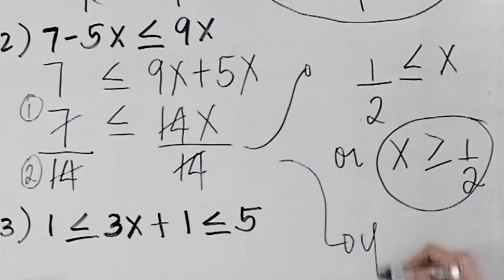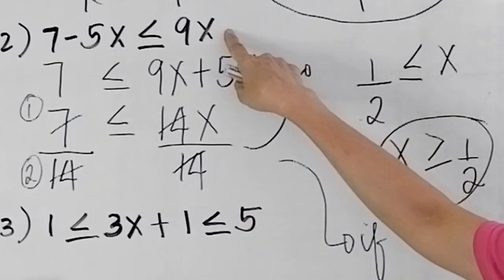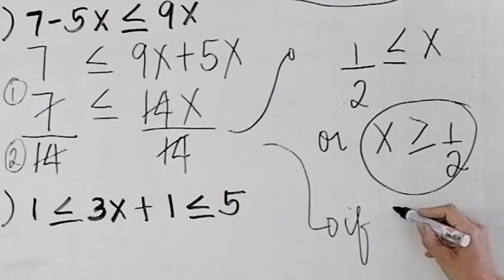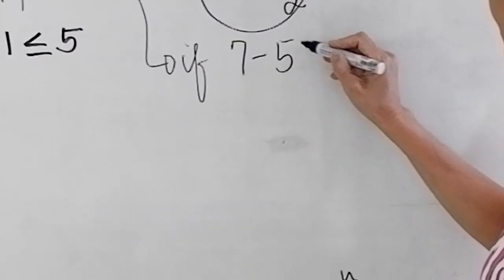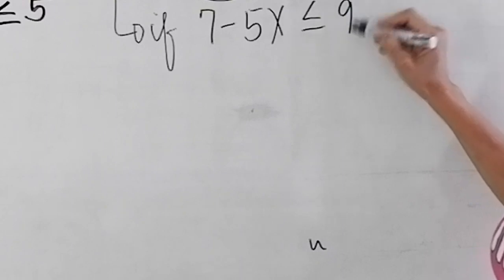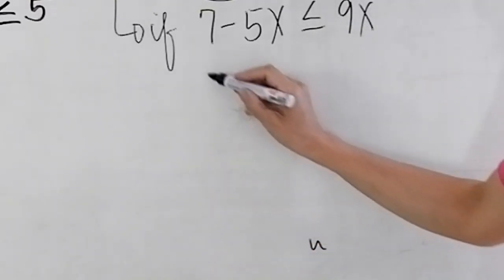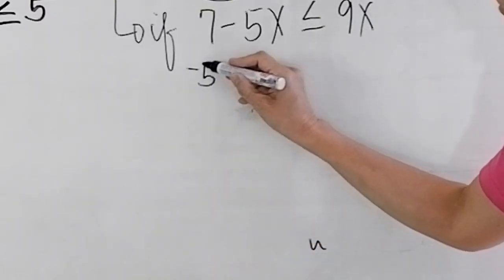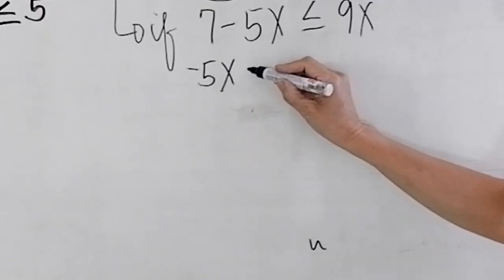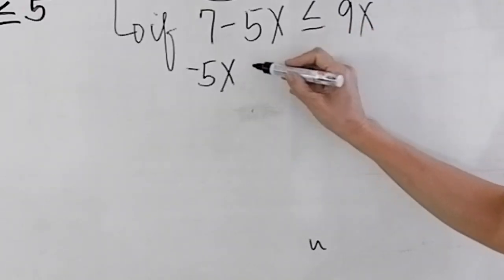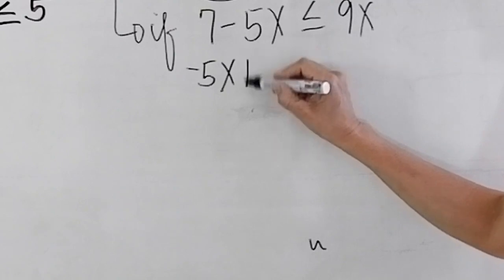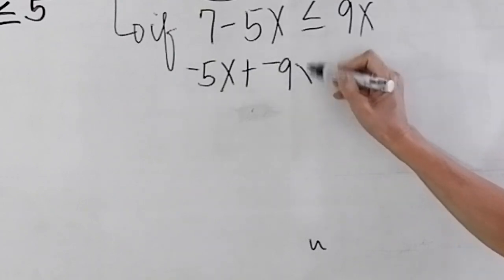So, if it is 9x that you transpose to the other side, 7 minus 5x is less than or equal to 9x. This is what happens. Negative 5x, transpose this, minus or plus negative 9x.